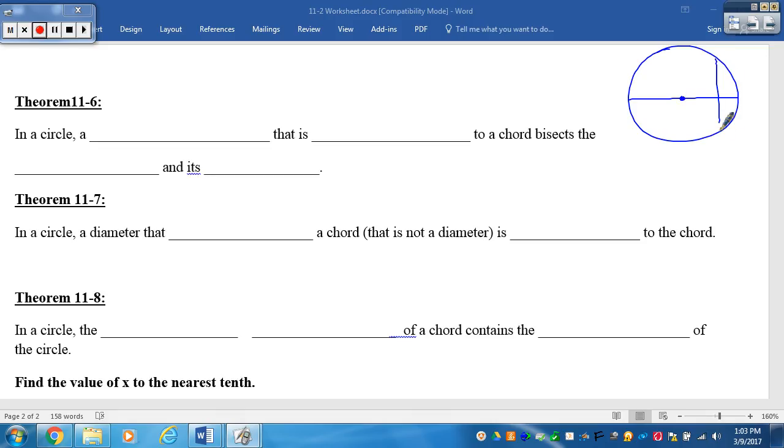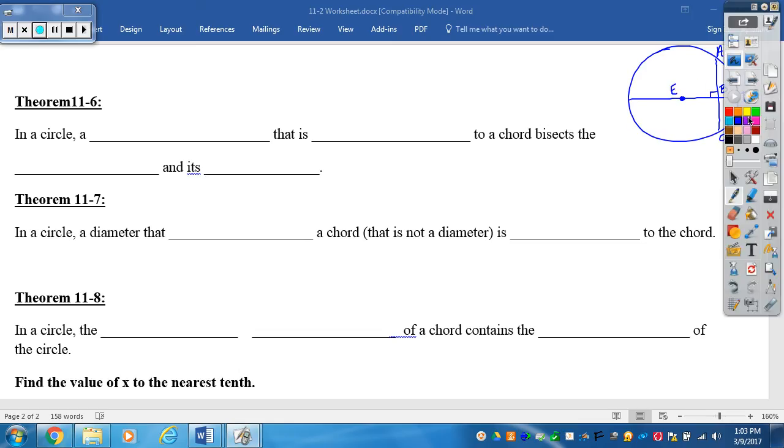And then if I go ahead and draw a chord, I'm going to say that this diameter is perpendicular to this chord. Now, what is that doing to the chord? Well, it should be cutting this chord in half, but it should also be cutting this arc in half. And so, as we look at this, let's go ahead and label these points right here, and then we'll go from there.